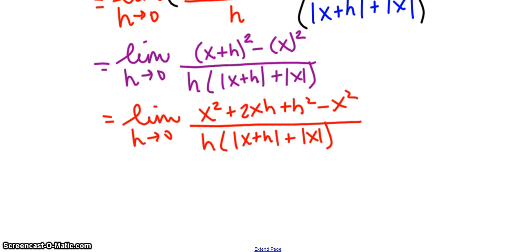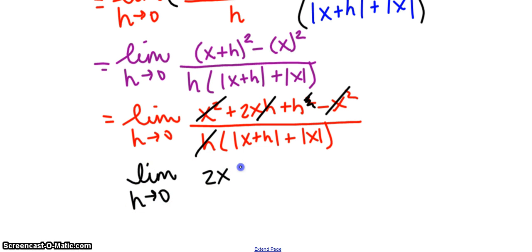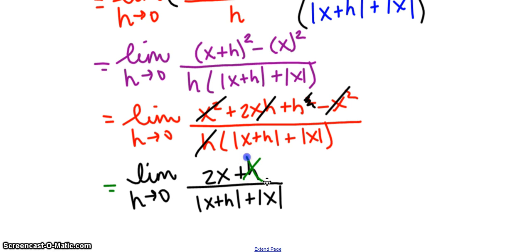Alright, so things that are going to cancel: x squared and x squared. H is going to cancel with that h and one of those. So I'm at the limit as h goes to 0 of 2x plus h all over absolute value of x plus h plus absolute value of x. Well now, as h goes to 0, this h is going to drop.